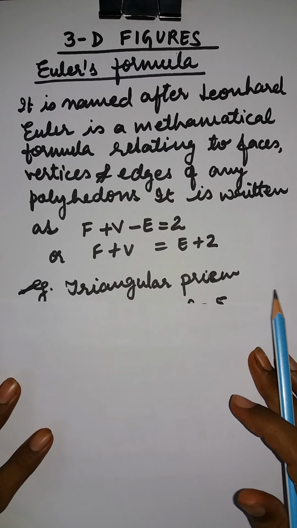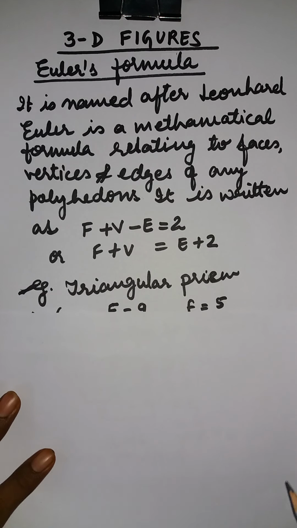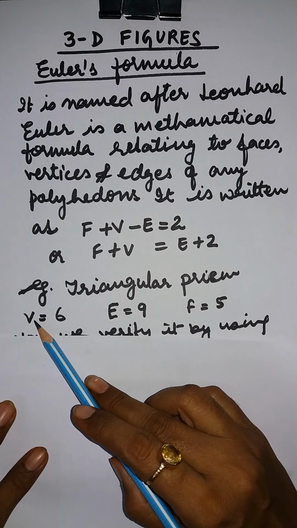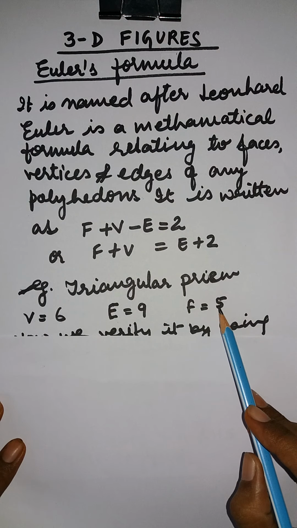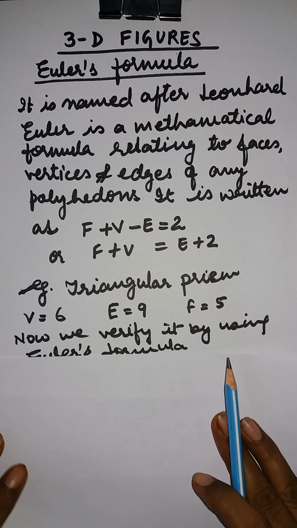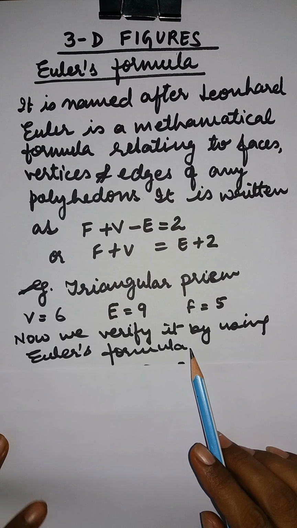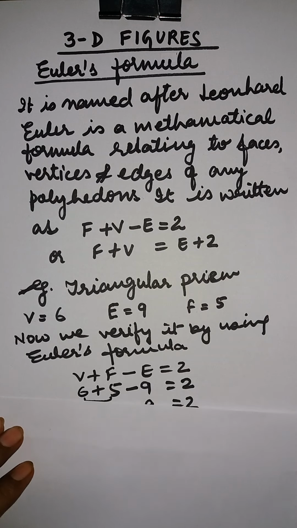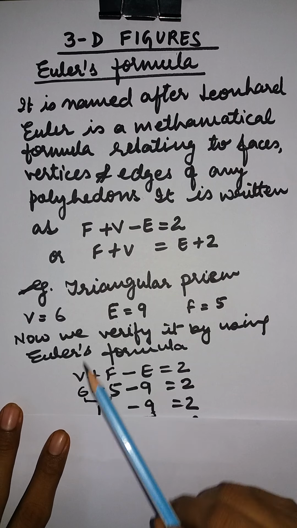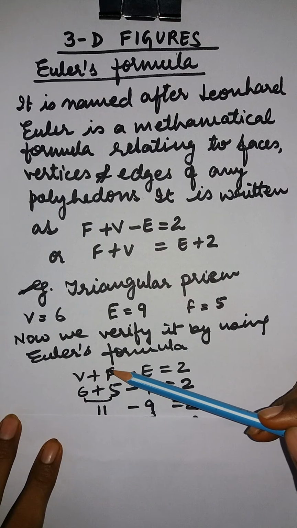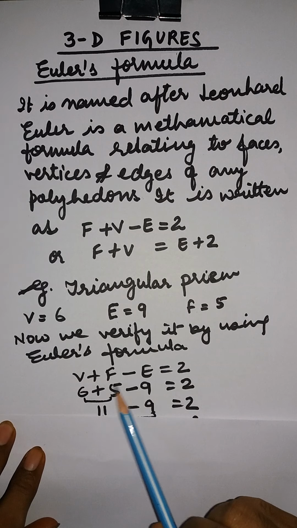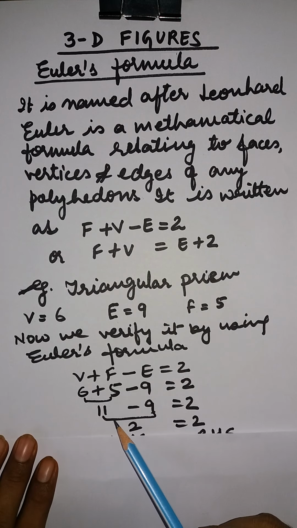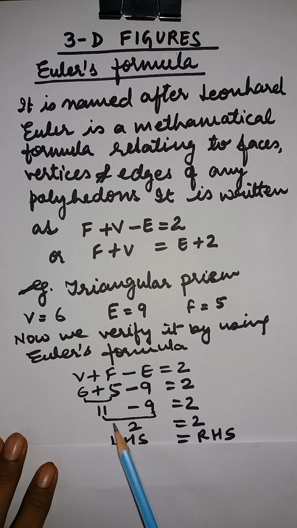Let us take one example. Triangular prism, which has 6 vertices, 9 edges and 5 faces. So now we verify it by using Euler's formula. We replace the values of faces, vertices and edges in the formula, and then we see whether it is satisfied.